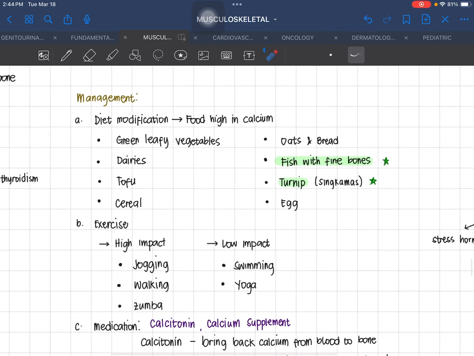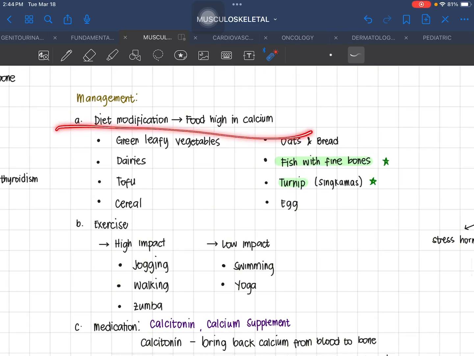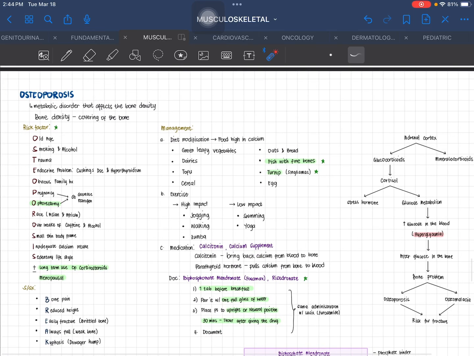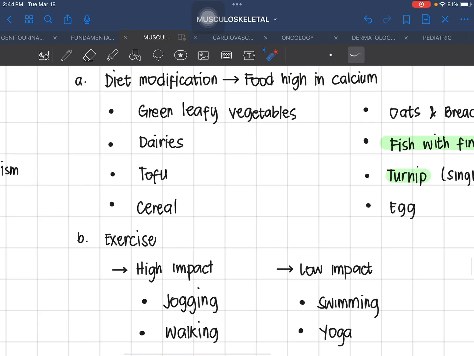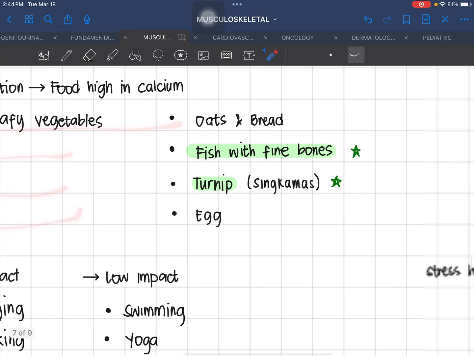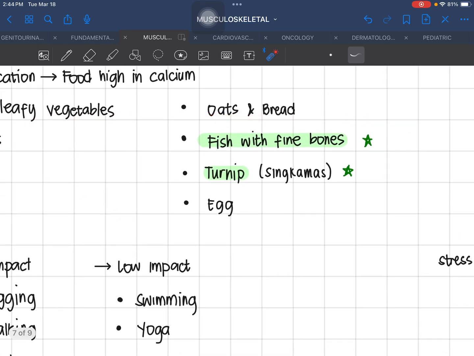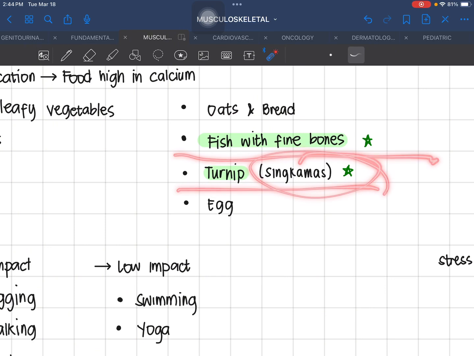So, for the management, of course, diet modification. Dapat yung food natin is high in calcium, kasi yung calcium nga is good for the bone. So, ano ba yung mga foods that are high in calcium? Green leafy vegetables, dairies, tofu, cereal, oats, bread, fish with fine bones, turnip o yung singkamas, and then egg.